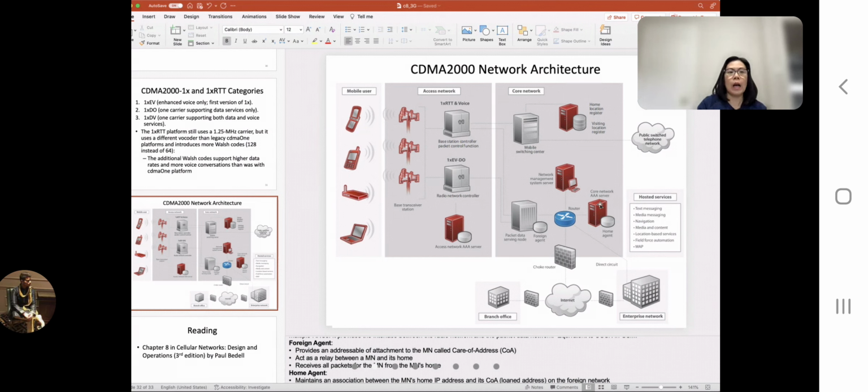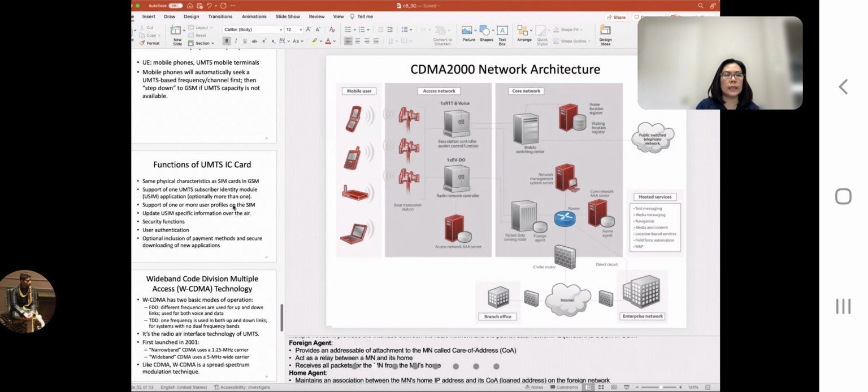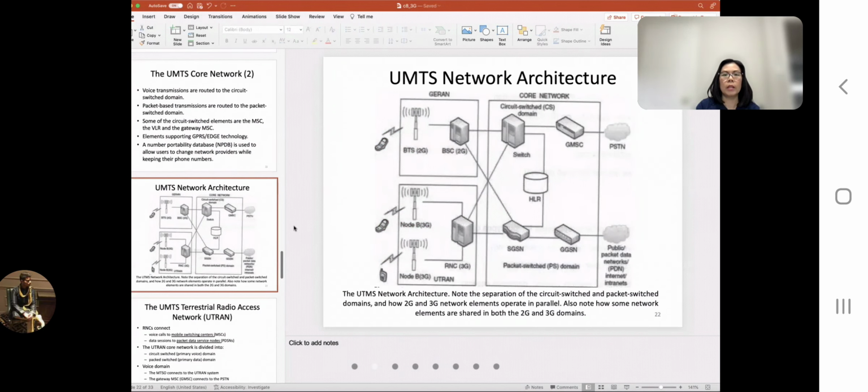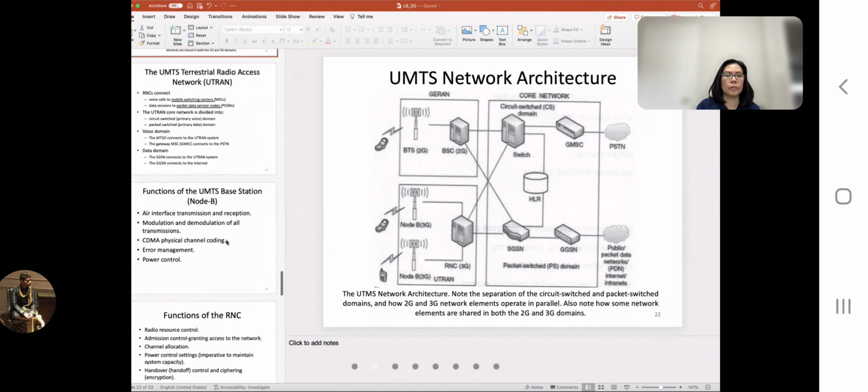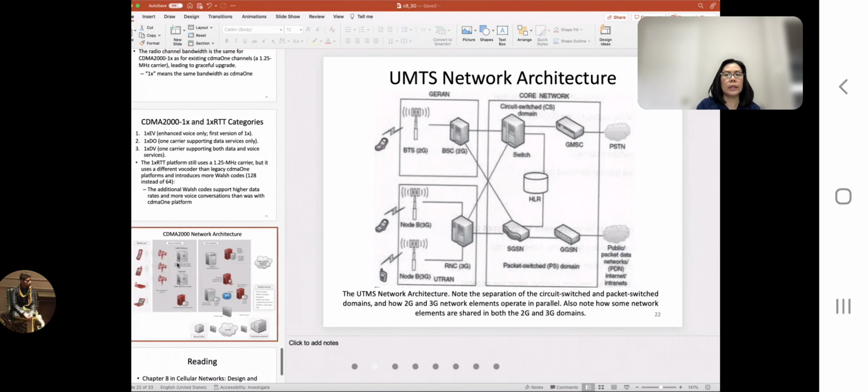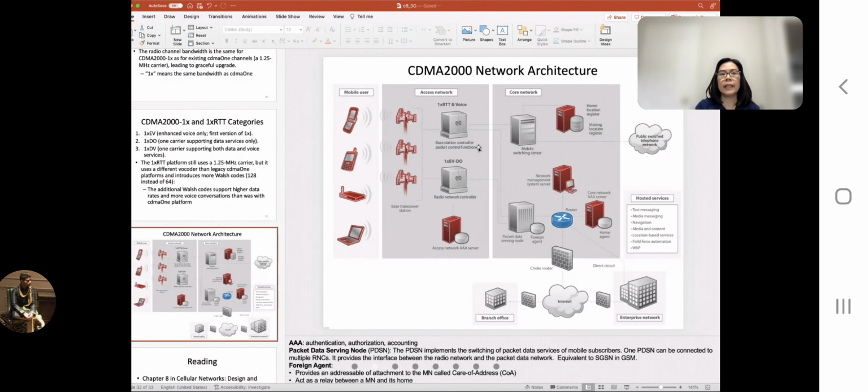So that's the core network for the UTRAN, or the access network. These are the radio network controllers we've seen before, basically this one here, the RNC. But now the RNCs are more specific.